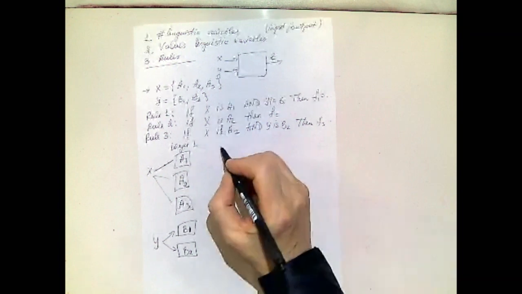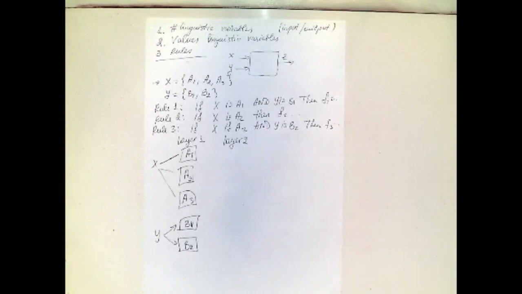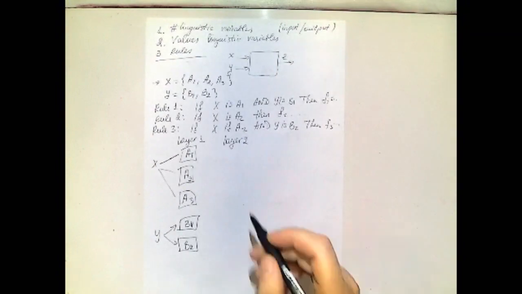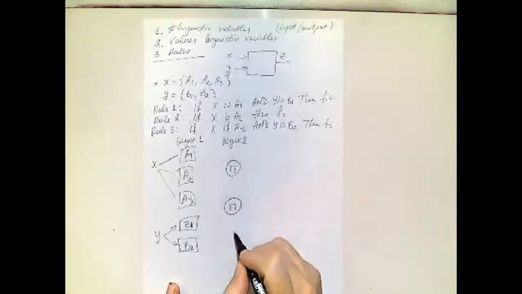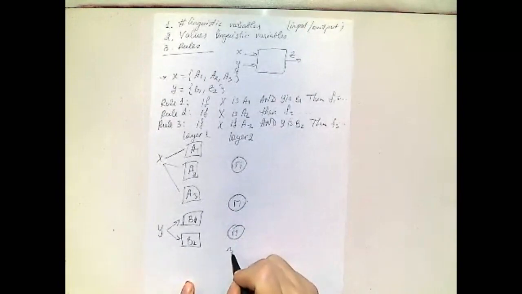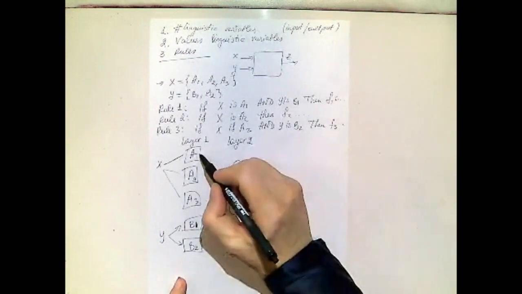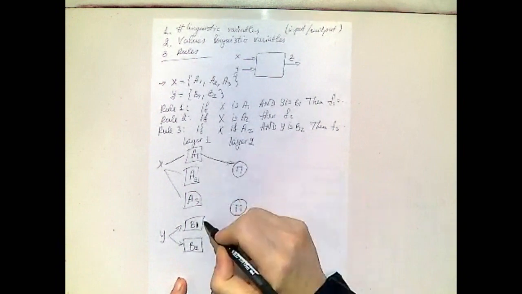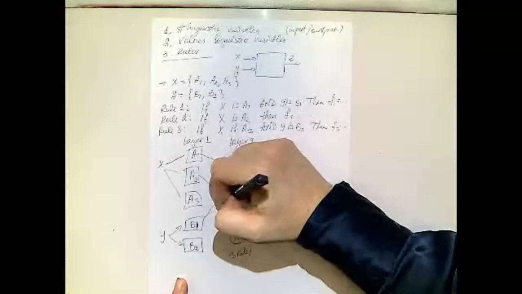So layer 2, this is where we are implementing our rules. How many rules do we have? 3. If we have 3 rules, we will have 3 elements here. First rule takes A1 and B1. Second rule takes A2.